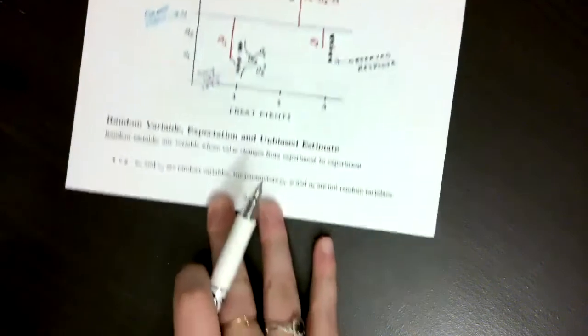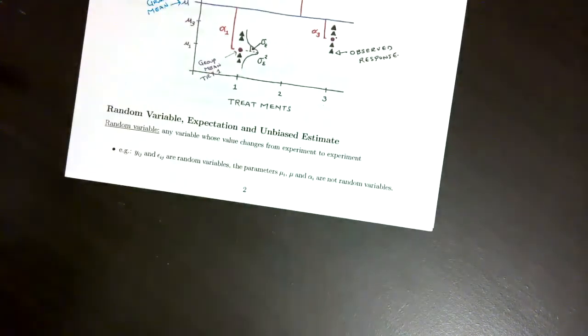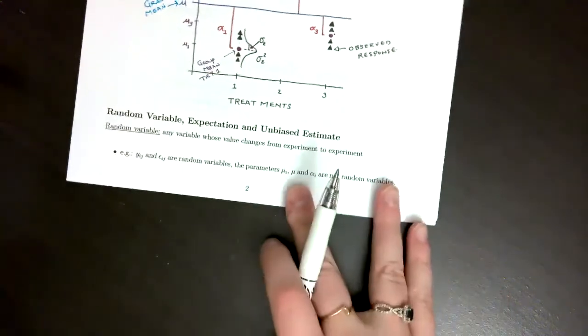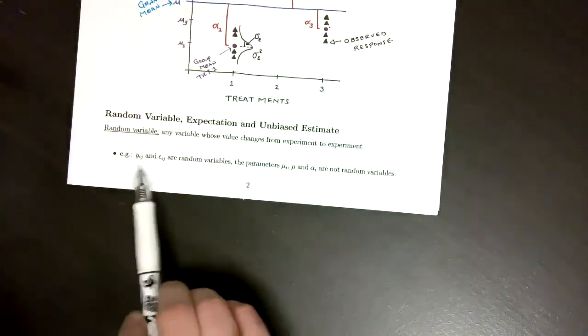So a random variable, again, is any variable whose value changes from experiment to experiment. So again, if we did that highway example and we reran it, we wouldn't expect to get the exact same reflectivity measurements. So the reflectivity, or the response y, is a random variable, as well as our errors. Okay?